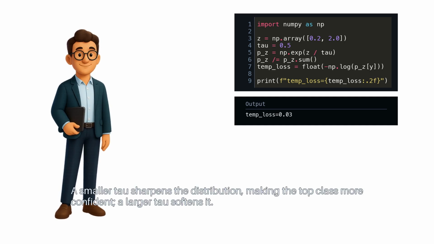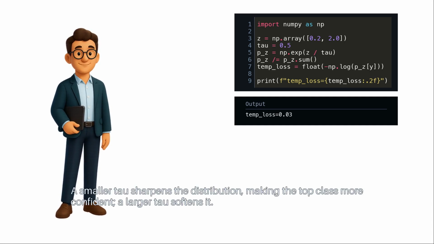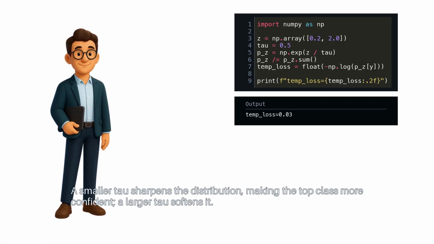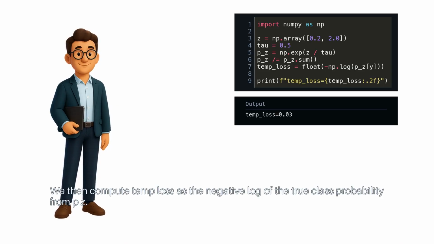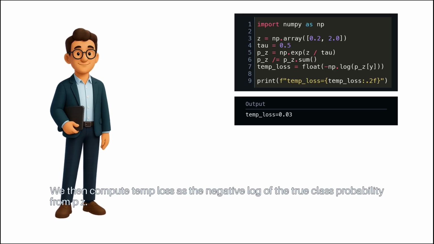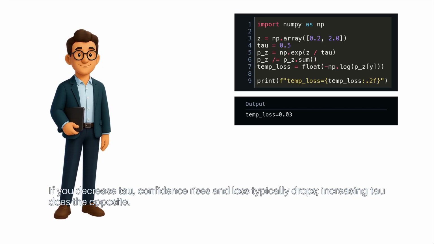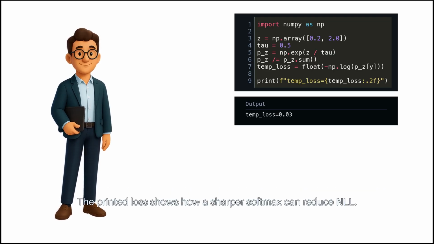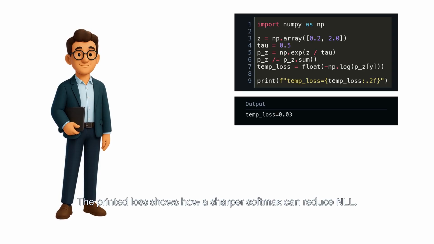A smaller tau sharpens the distribution, making the top class more confident. A larger tau softens it. We then compute temp loss as the negative log of the true class probability from PZ. If you decrease tau, confidence rises and loss typically drops. Increasing tau does the opposite. The printed loss shows how a sharper softmax can reduce NLL.